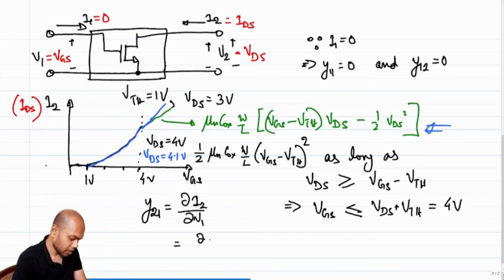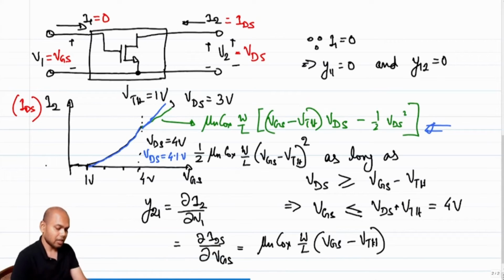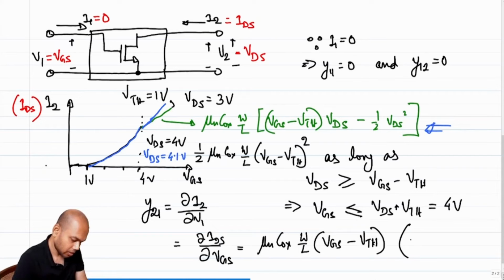So this is nothing but del IDS del VGS, which is mu n Cox W over L times VGS minus threshold voltage. This is under saturation condition, for as long as VDS is greater than or equal to VGS minus threshold voltage.